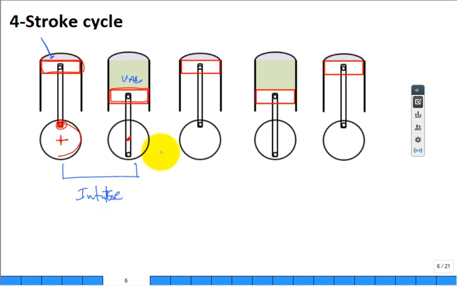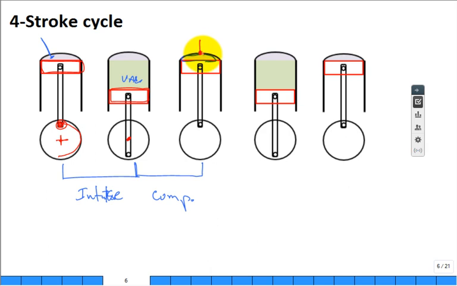Then we have the intake valve closes. You go through another 180 degrees, or half a rotation of the crank, and that is our compression stroke. Now you have trapped at a very small volume at the top an air-fuel mixture. You have a little spark plug typically up here.